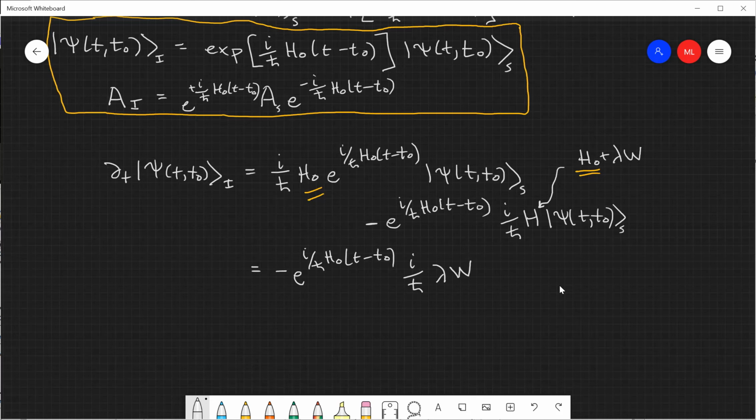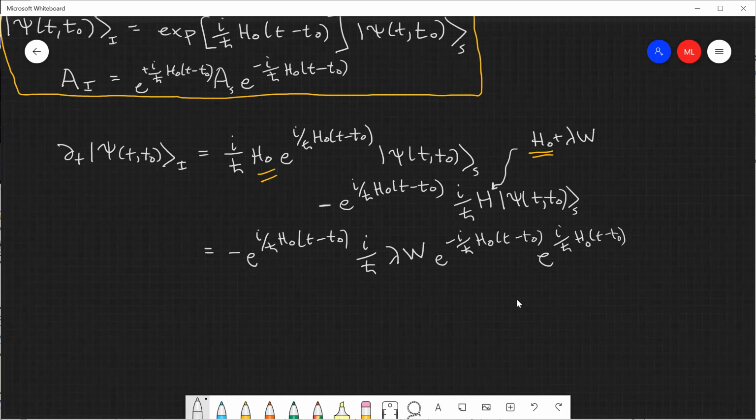And now we're going to stick in the identity as we typically do, which is we put in e to the minus i over h bar H naught (t minus t naught) and its inverse. So this is just like multiplying by the identity. This doesn't do anything.